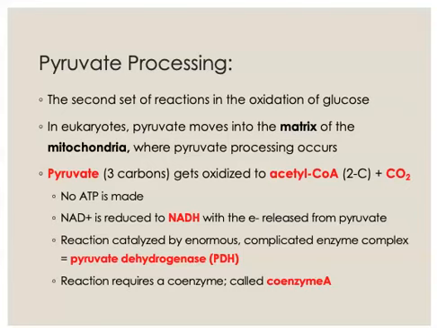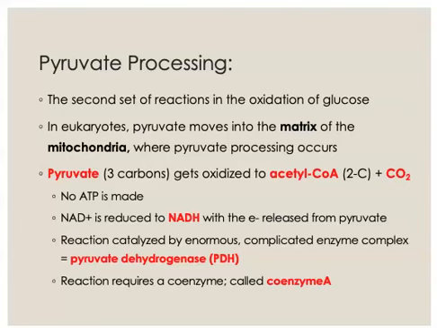That's where pyruvate processing is going to occur in eukaryotic cells. Remember, pyruvate is a 3-carbon molecule, and it's going to get oxidized to a molecule called acetyl-CoA that has 2 carbons and to a molecule of carbon dioxide.